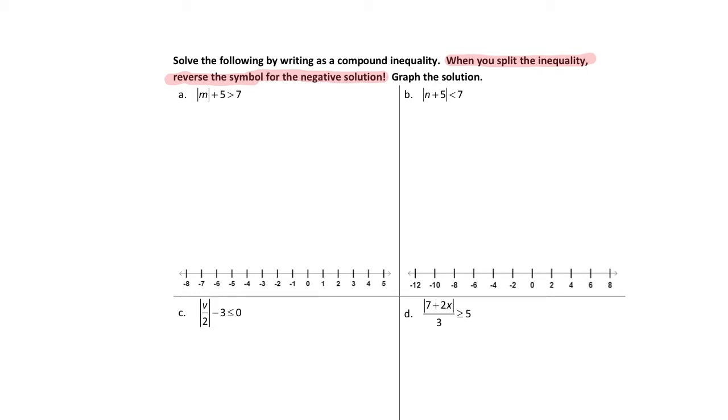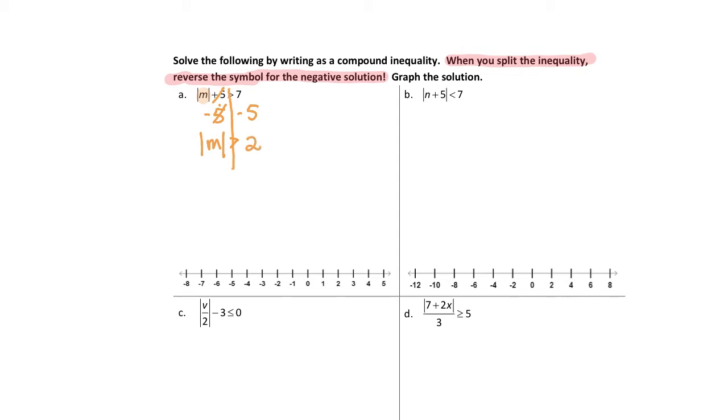Let's solve this first problem here by, we're going to draw our line down the inequality symbol there. And we're going to inspect this, and we can see here's my absolute value. We've got this plus 5 right here, so we need to subtract 5 from both sides before I can split apart my absolute value. Now I'm left with absolute value of m is greater than 2.